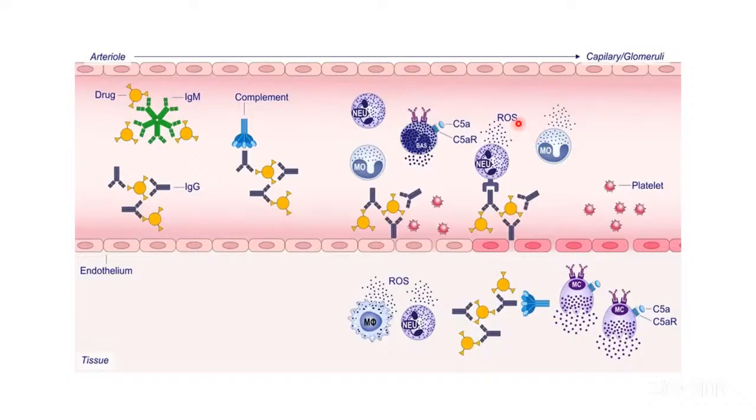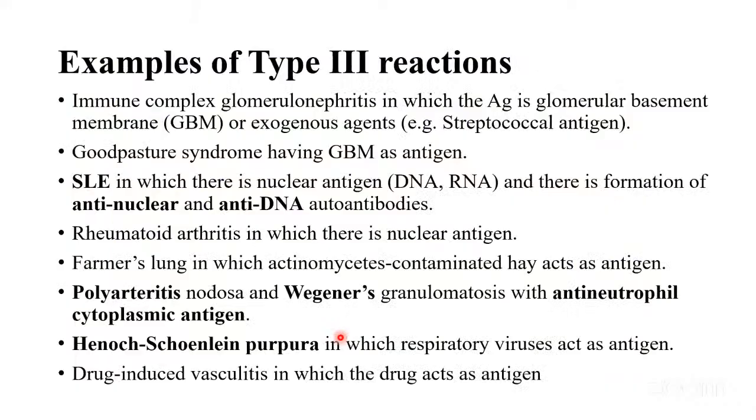These are ROS that are highly toxic to the body cells and tissues. And when they get into the tissue, these reactive oxygen species are going to cause tissue destruction. This is the basic mechanism why type 2 hypersensitivity is going to cause tissue damage.